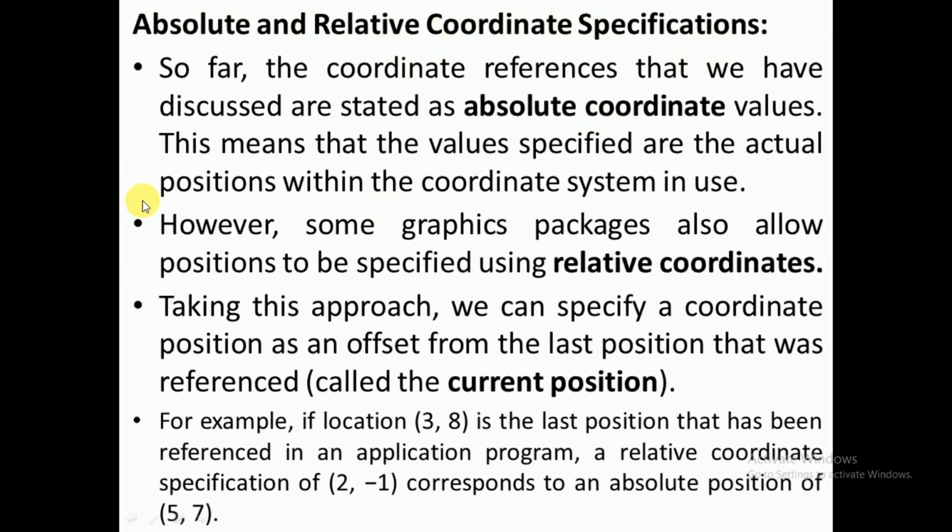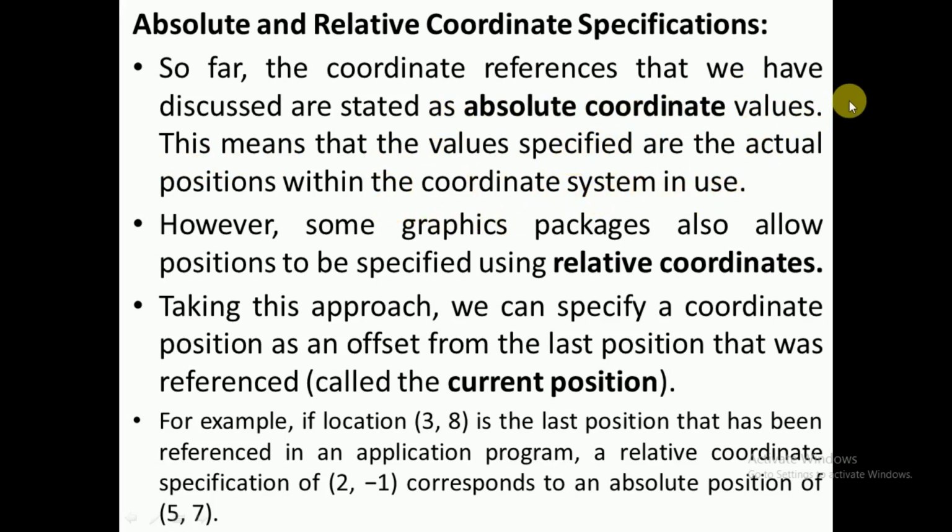Whenever you are specifying coordinate values in OpenGL or in a computer graphics application, there are 2 techniques. So far, the coordinate reference that we have discussed is the absolute coordinate system. Absolute coordinate values means that the values specified are the actual positions within the coordinate system in use.